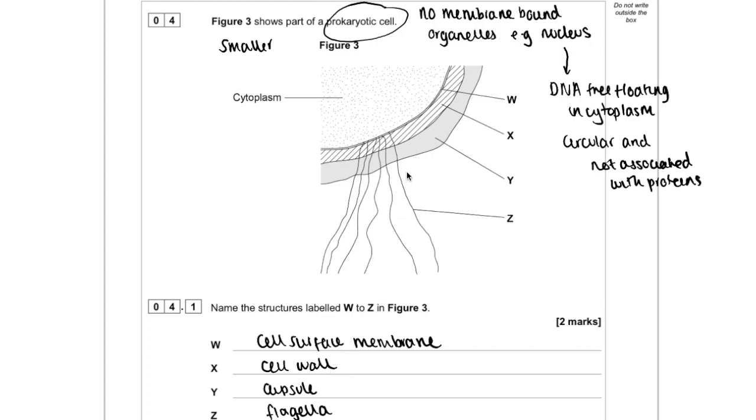You're never going to be tested on the function of these things, you just need to know the structure of them. And I just want to point out another difference between a prokaryotic and a eukaryotic cell: prokaryotic cells do still have ribosomes because they still need to undergo protein synthesis, but they're a lot smaller.